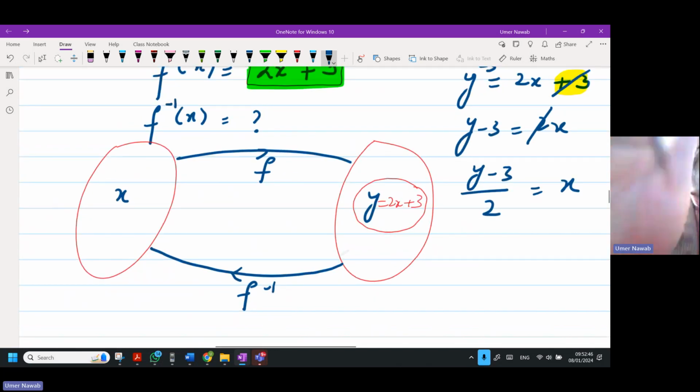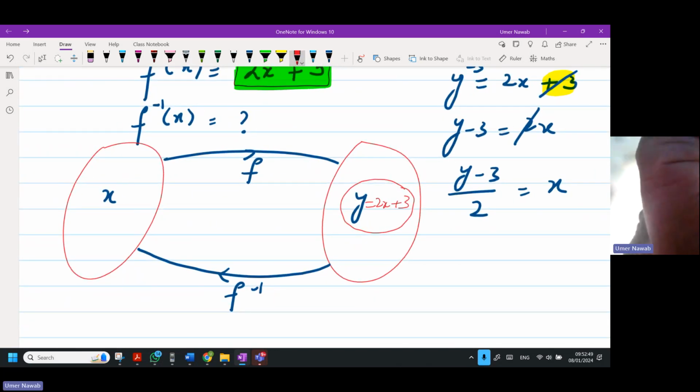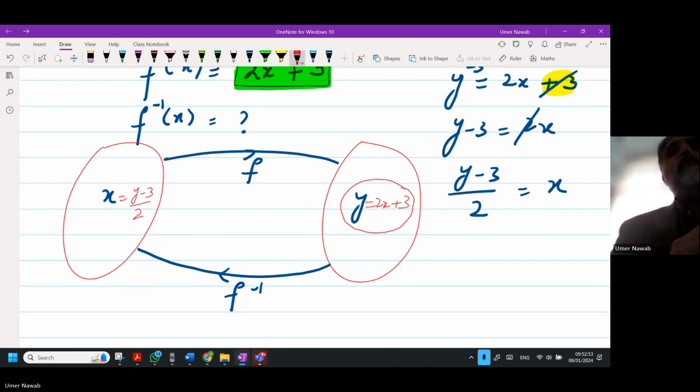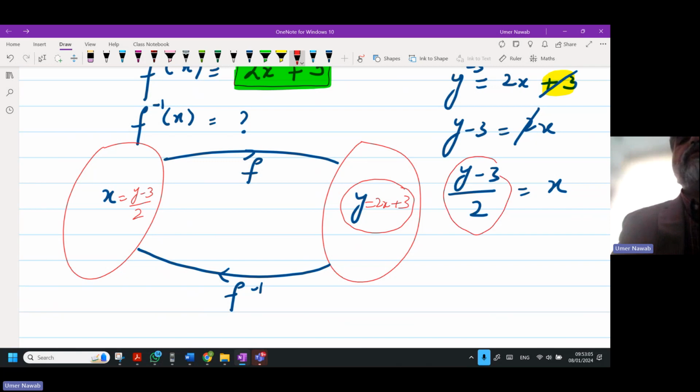Wow. So Mr. Romer, you got x is equal to y minus 3 over 2. Can you imagine? I have converted my input to output and output to input. So this is y minus 3 over 2.